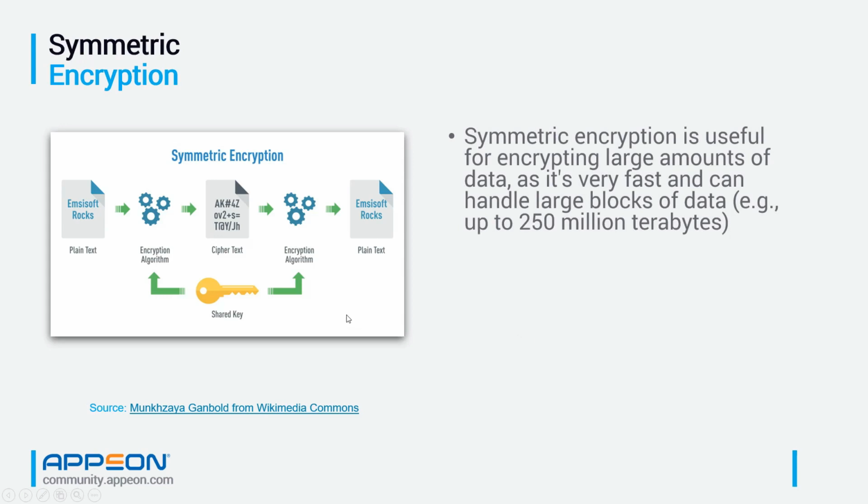The advantage of symmetric encryption is that it's very fast and can handle very large amounts of data, 250 million terabytes. That's a lot of data you can encrypt. The downside is that you have to take that key that you used to encrypt the string and transmit it to the person who's going to do the decryption.